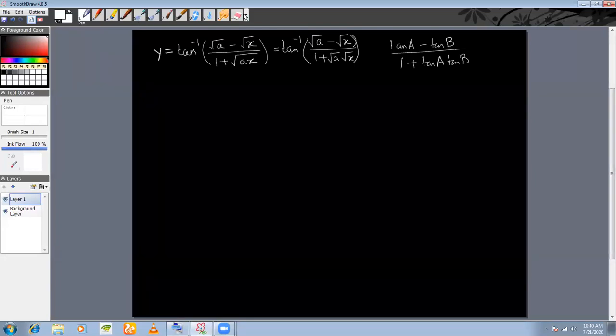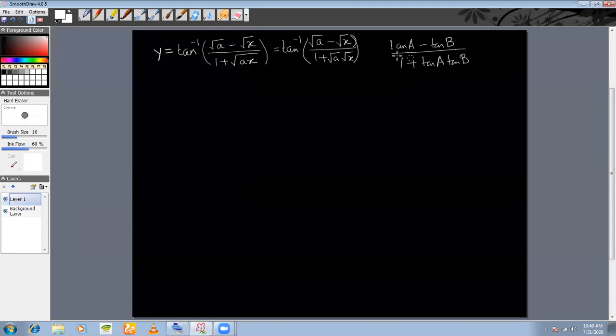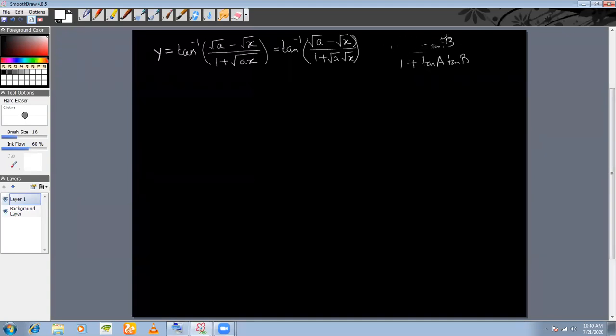So what I'm going to do is substitute root a is equal to, say, tan alpha, and root x is equal to tan theta.